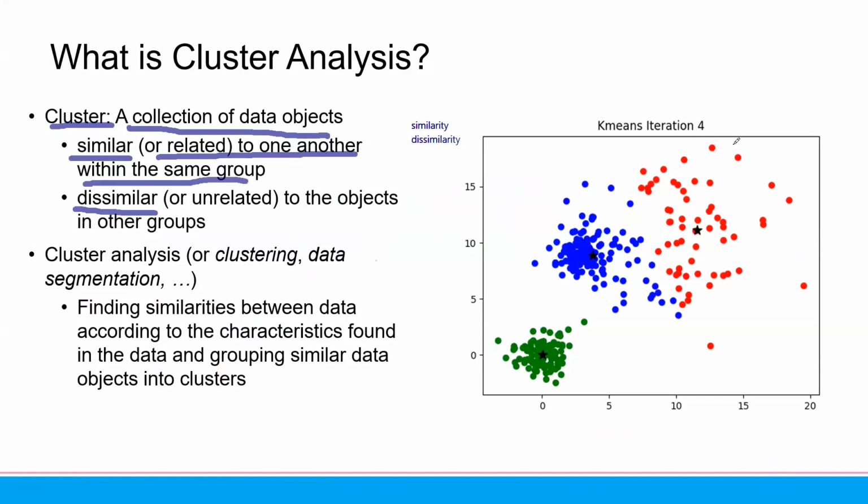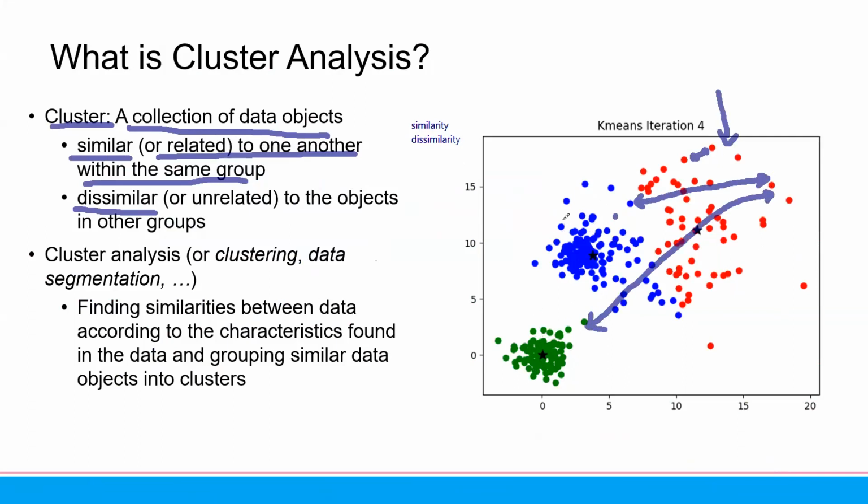So if I look at this data, the red color objects are similar, that's why they are put into the same group. But the blue color is very far from here, so it creates a different group. And also the green color is very far from the red color, so that creates another group.